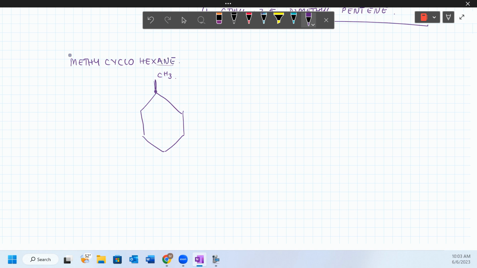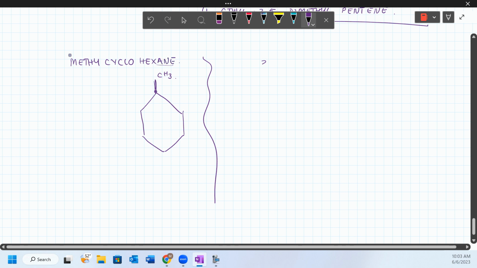If we have more than one branch, then we have to identify them, or if we have a double bond or a triple bond, then we have to identify it. So in the case when, let's suppose that we have 3-ethyl, 4-methylcyclohexene.